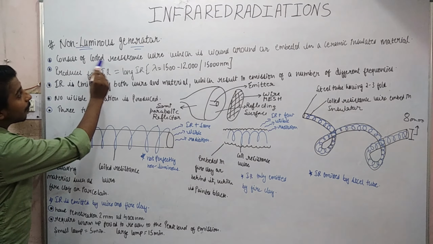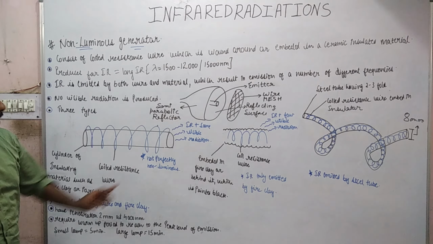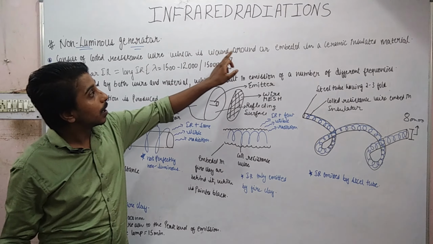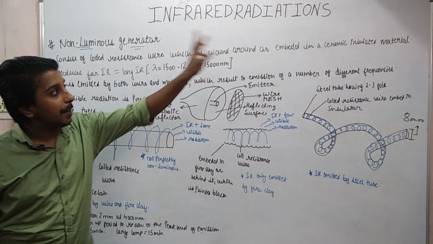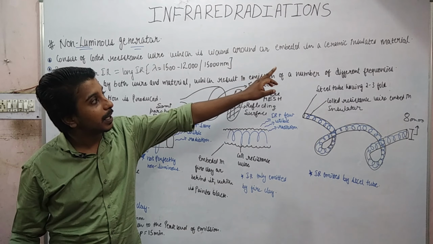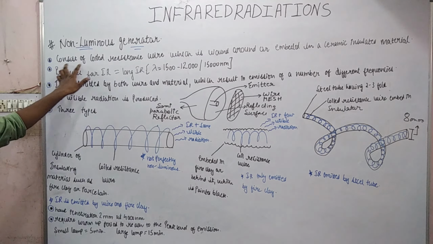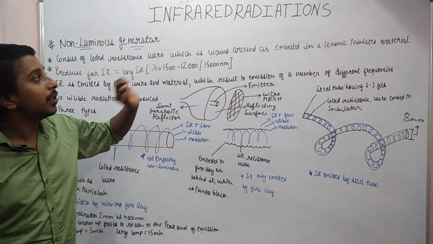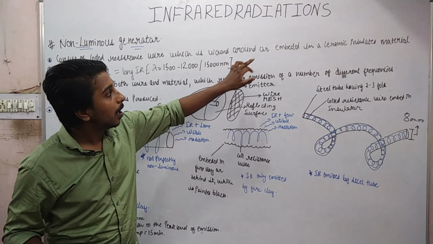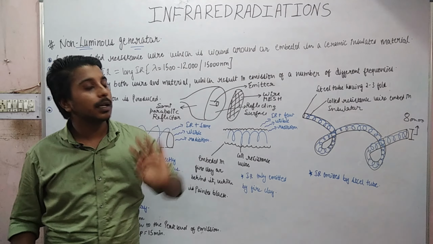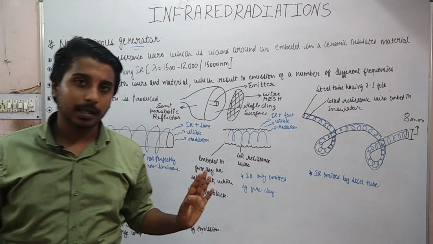It consists of a coiled resistance wire which is wound around or embedded in a ceramic insulating material. Simple.